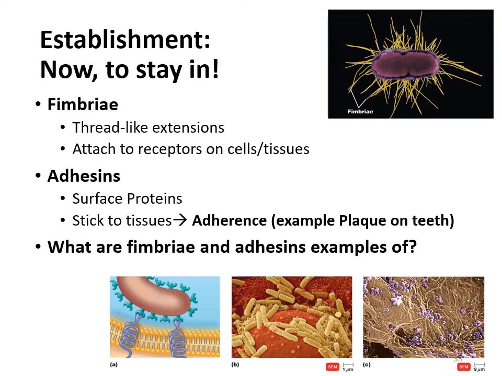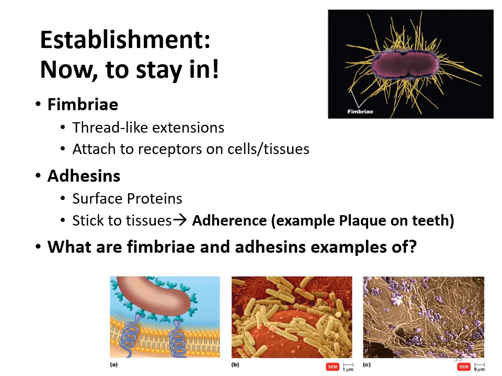Okay, they also tend to have glycocalyx, which we mentioned was that sticky capsule that also helps them to adhere to things. So just to recap one of the big terms that I said you would have to remember: if we say that fimbriae and adhesins or the glycocalyx, any of these structures are meant to help the bacteria stay in, which is one of those 5 characteristics of a pathogen, then what do we call them?